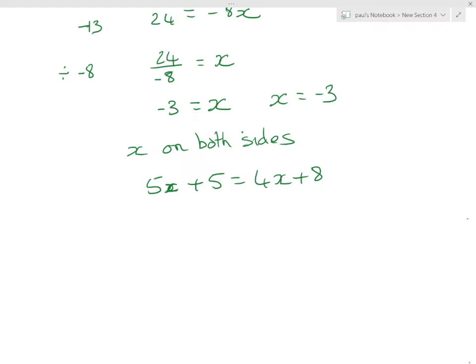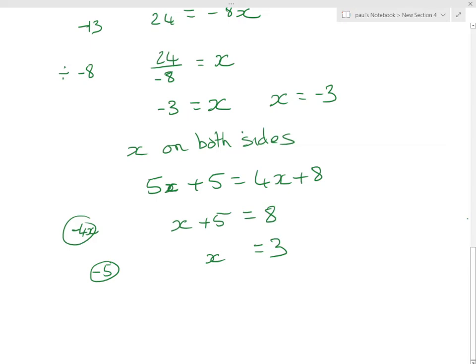And the simplest way to do this, when we've got these numbers, pluses, is subtract 4x from both sides. If we take 4x away from there, we're left with x plus 5. Take 4x away from there, and we're left with 8. And now we've got something similar to what we did just now. So we need to now minus 5 to get rid of that. And 8 take away 5 was 3. So x will equal 3 on that one.